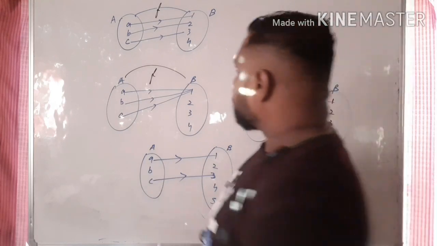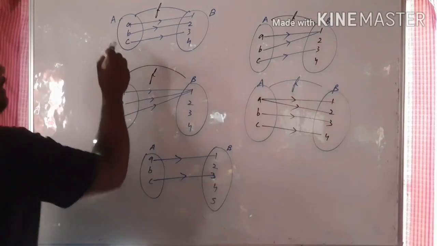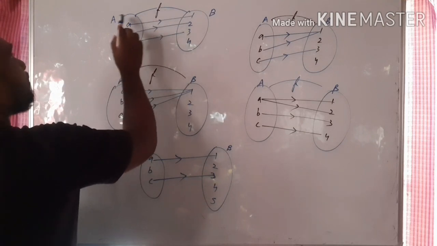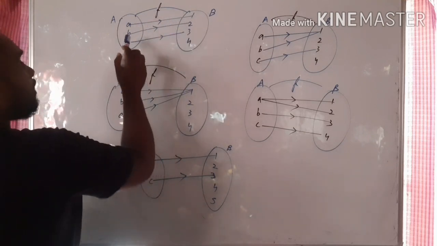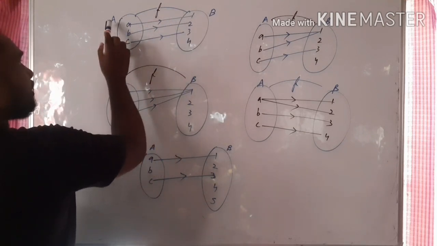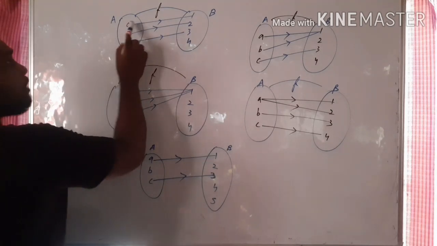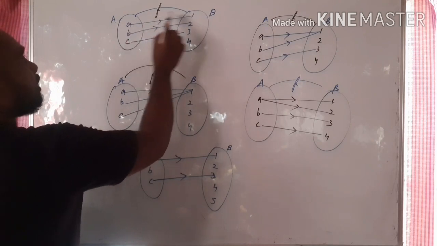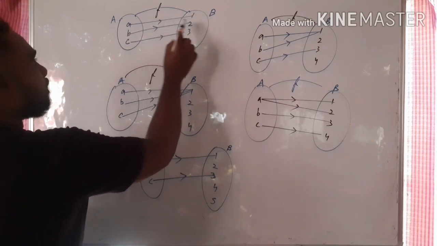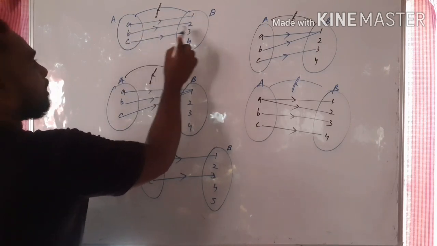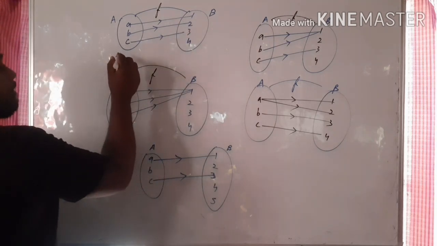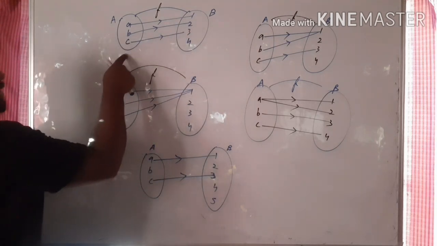Okay, so first one, you can see here I have taken a mapping F from A to B. Now you can see the elements of set A are A, B, C. The elements are related to a unique element. A is related to a unique element, B is also related to a unique element, and C is also related to a unique element, and no element is left out here.